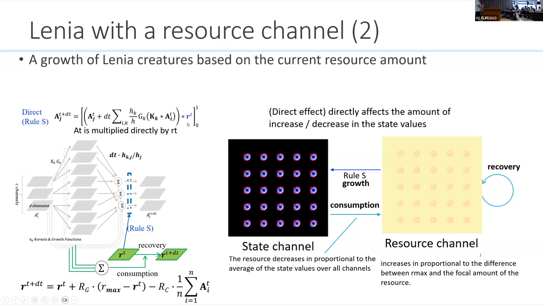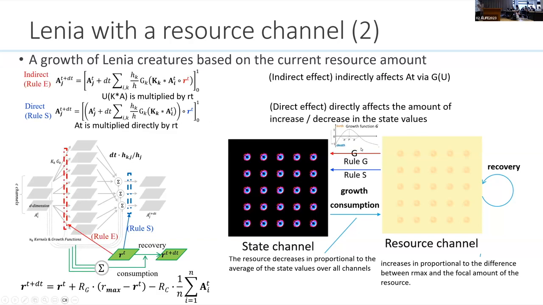Here, this is RT, the resource value. This means that the amount of the resource directly affects the amount of increase and decrease in the state value. So higher resource corresponds to a higher amount of increase or decrease in the state value, because AT is directly multiplied by RT.